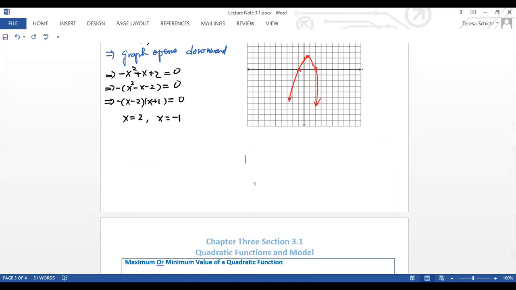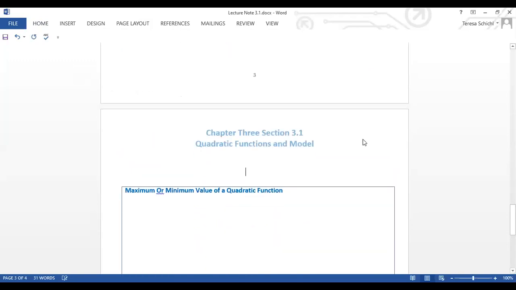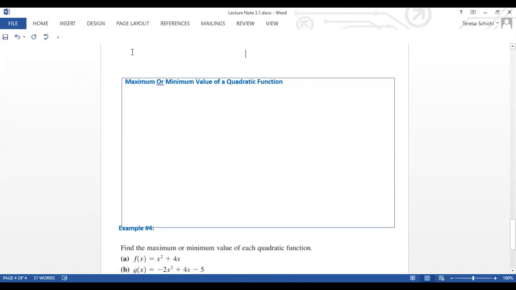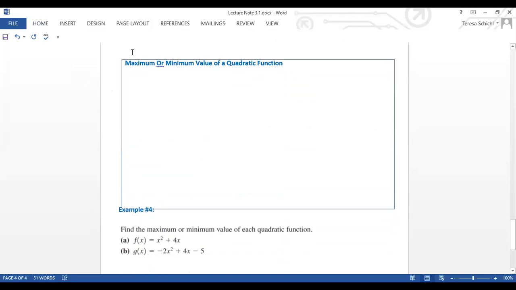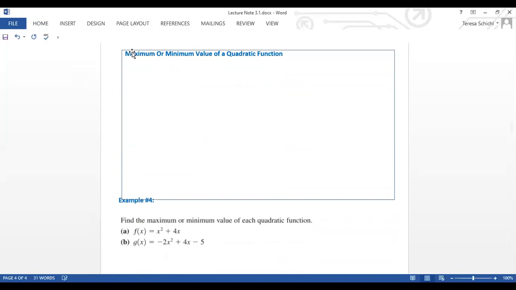So your first one, you can change it to the vertex form, and then you can use the vertex form and try to find the maximum or minimum values here. But then the next ones they tell you here, okay, if you don't want to change to the vertex form, you don't want to graph it, you can just use algebra to solve it, okay?